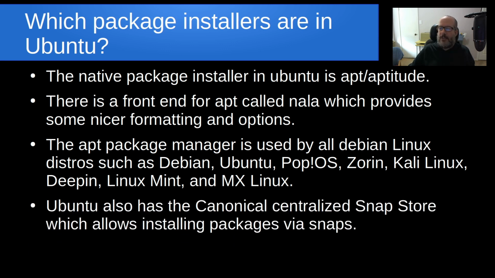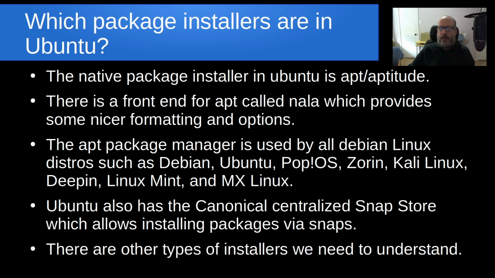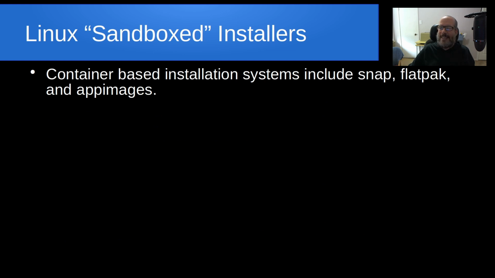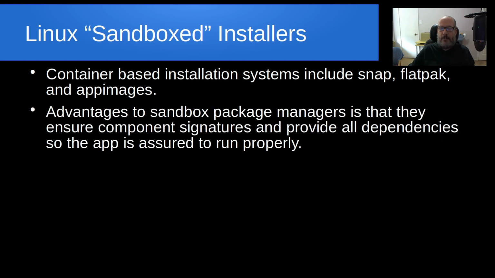Ubuntu also has the Canonical centralized Snap Store, which allows installing packages via snaps. There are other types of installers that we also need to understand, and these are generally referred to as Linux sandboxed installers. Container-based installation systems include Snap, Flatpak, and AppImages.